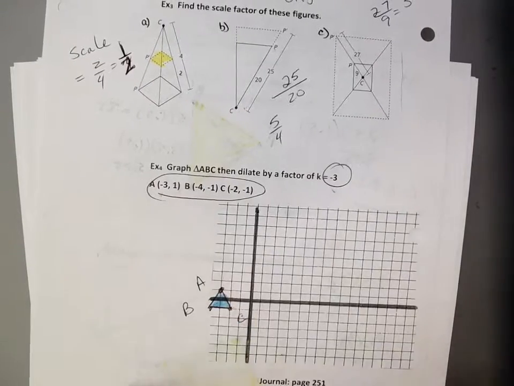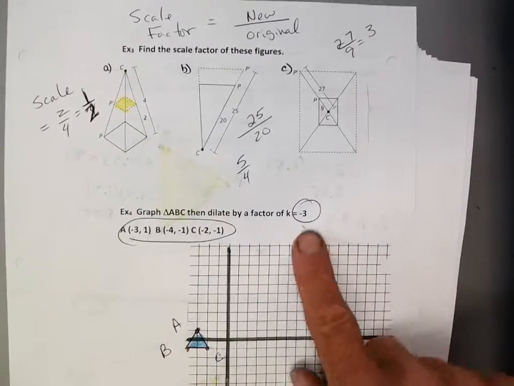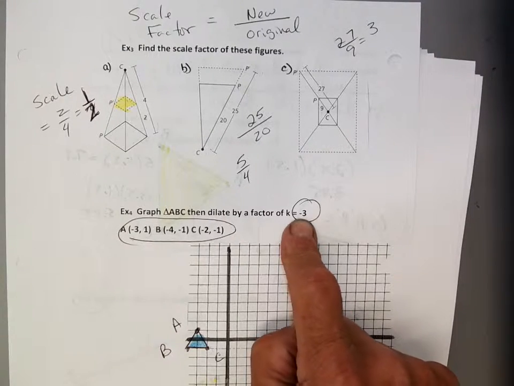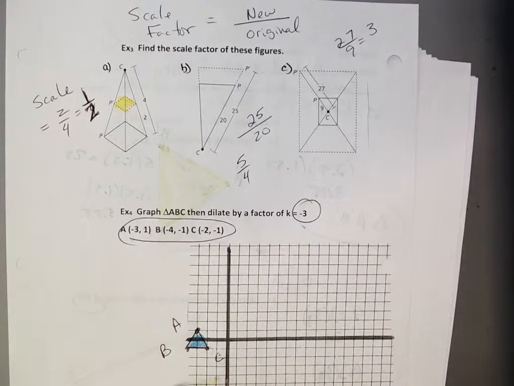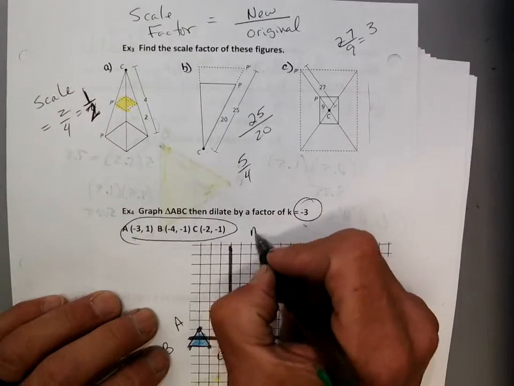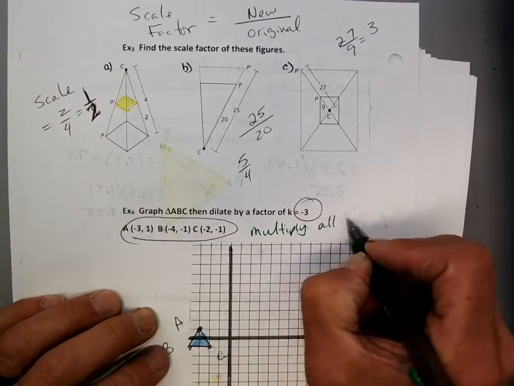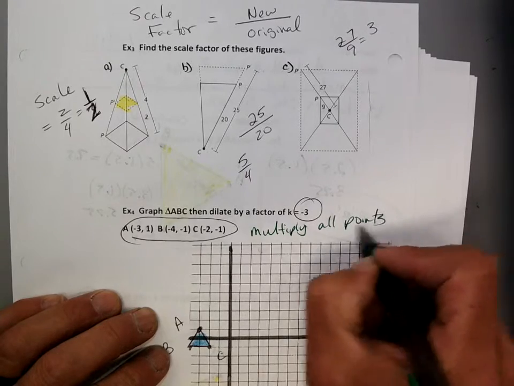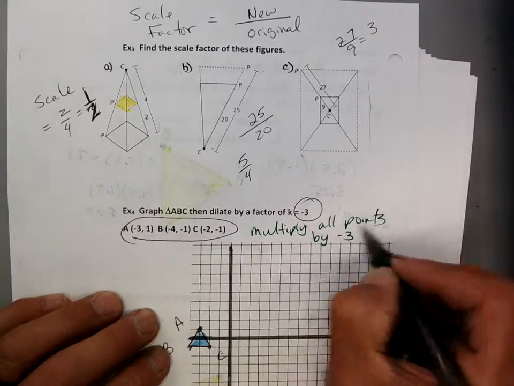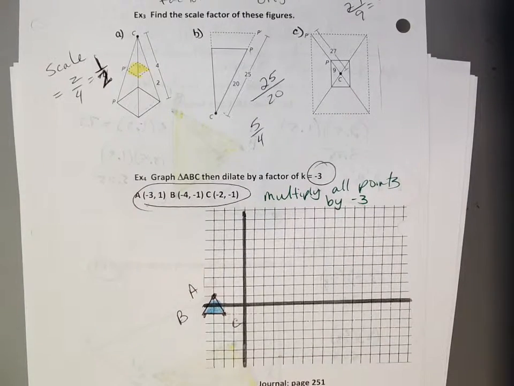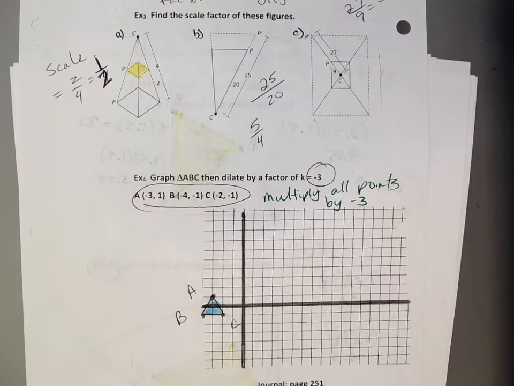And what we're going to do is this. It's a scale factor. Now something weird is going to happen with the negative, okay? But let's multiply all points by -3, okay? So my k, or my scale factor, is -3. Now the negative's going to do something with it. Let's go ahead and do it and see what happens.